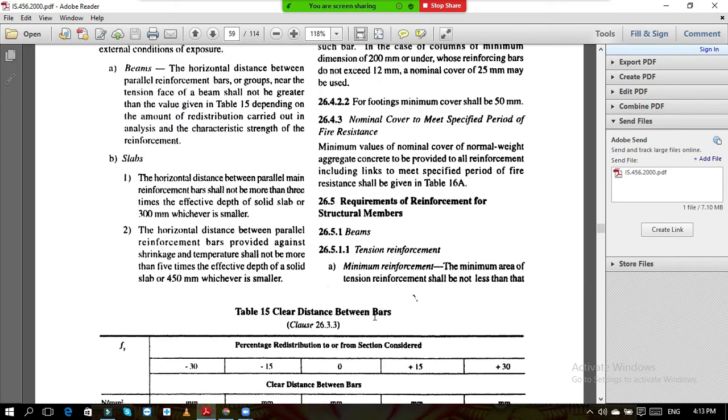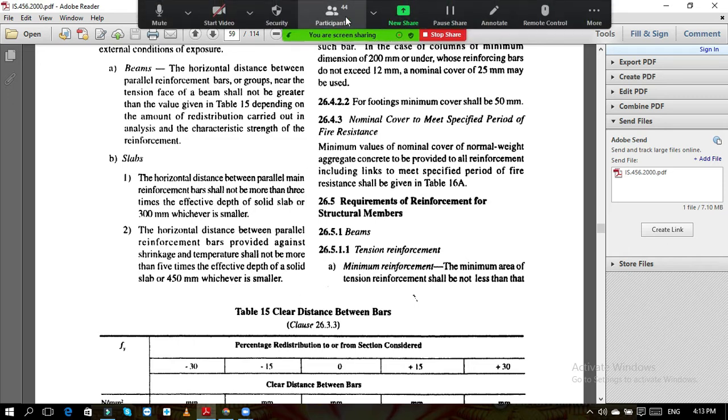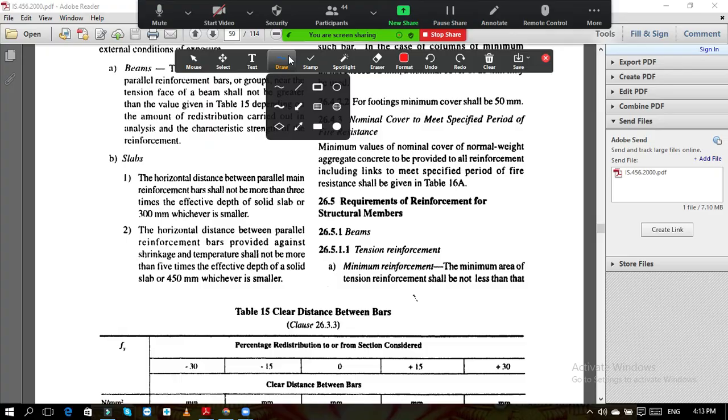Okay. And now here you can read this. So I will underline it.